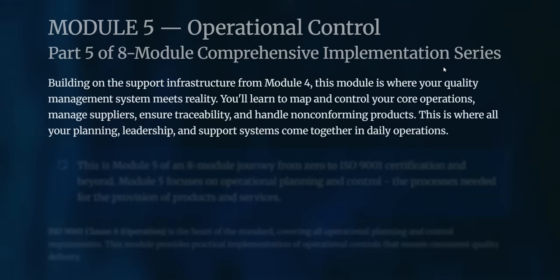Module 5, Operational Control, is built on the support infrastructure from Module 4. And this module is where your quality management system meets reality. And here I need to reiterate, we are using a case study company to give you a vivid picture of the operations and the implementation of ISO 9001 quality management system.